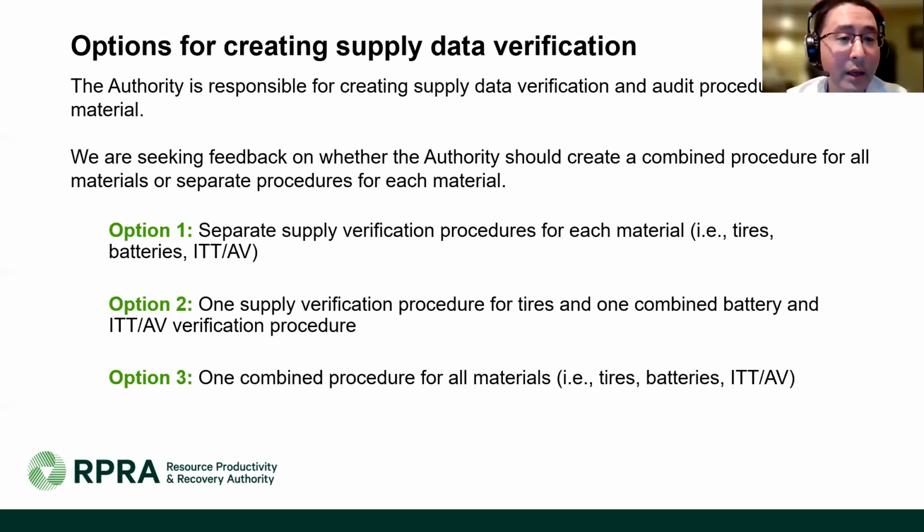We're seeking your feedback on whether the authority should create a combined procedure for all materials or a separate procedure for each material. The first option is to create an individual verification procedure for each material, so one each for tire, battery, and ITTAV. The second option is to have one combined verification procedure for battery and electronics, and one procedure for tire. The last option is to have one combined procedure for all materials.